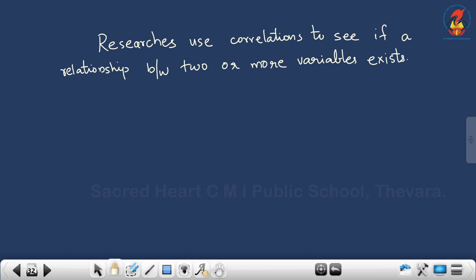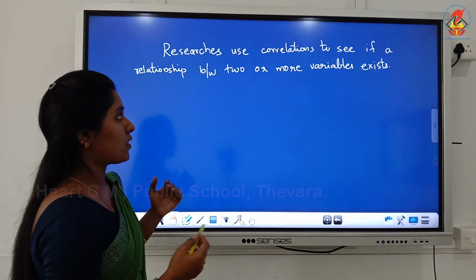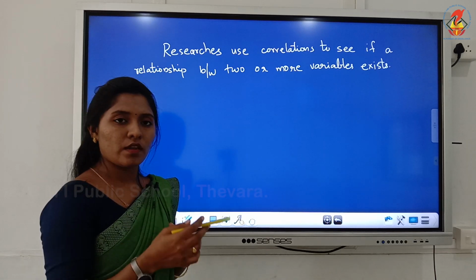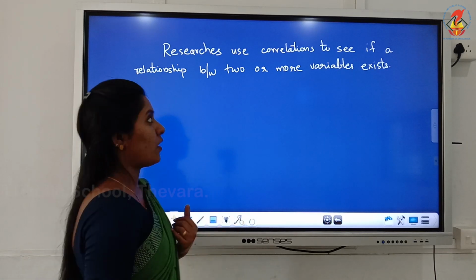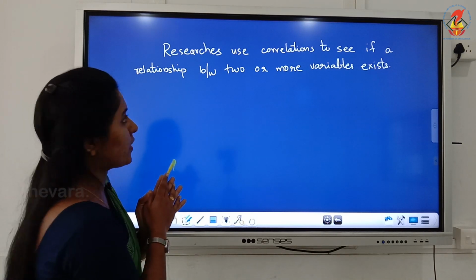So we said that in the correlational method researchers try to find whether there is any relationship between the two variables. The researchers use correlation, that is what we are saying here.